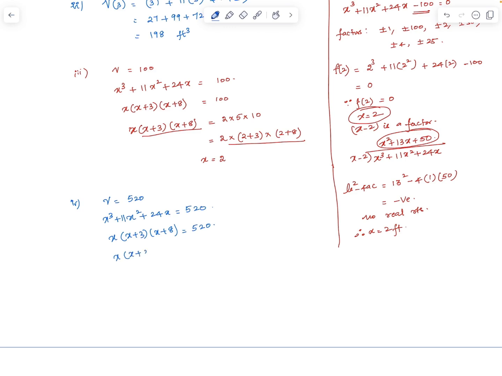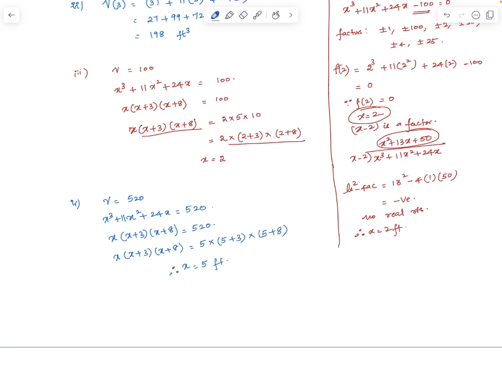Rewriting the right hand side, this is 5 times 5 plus 3 times 5 plus 8. We have written this RHS in the same pattern as the LHS. In this, we can understand that x is equal to 5 feet.